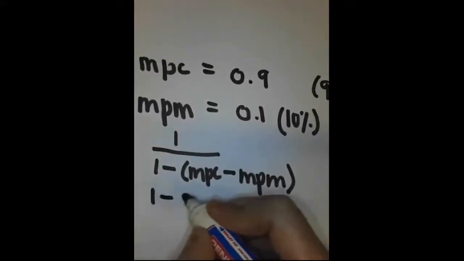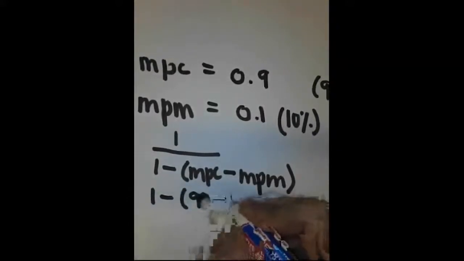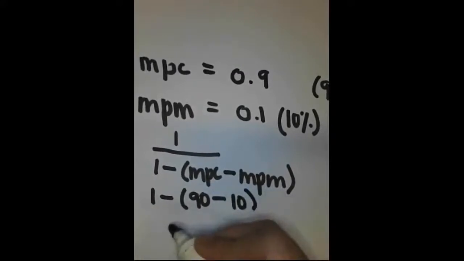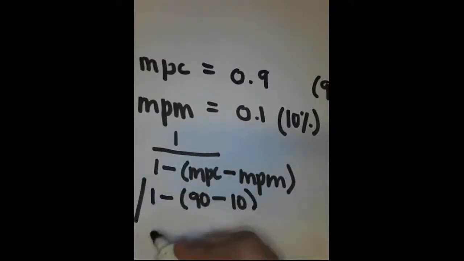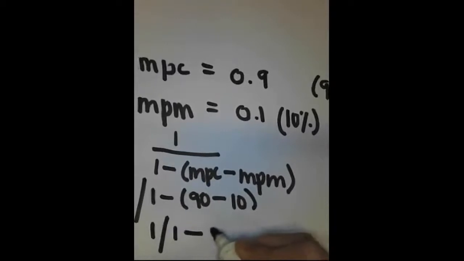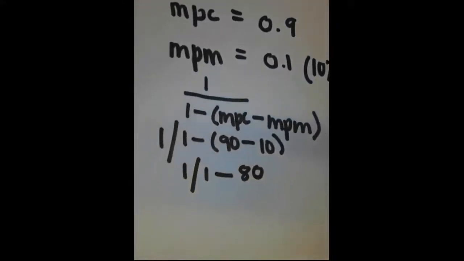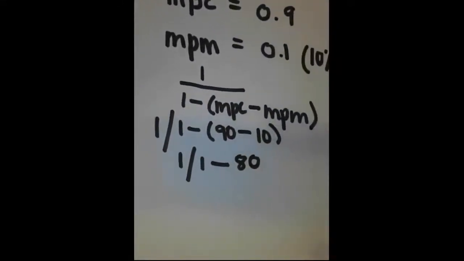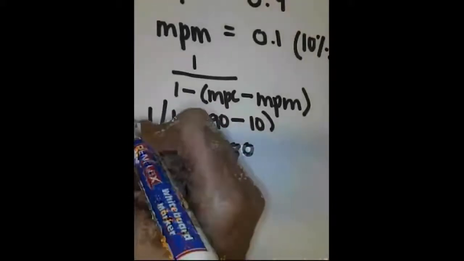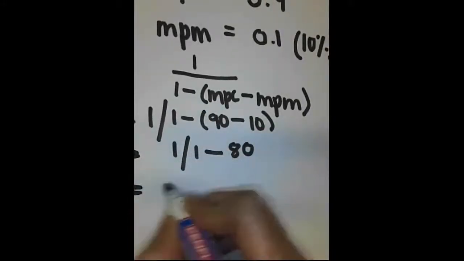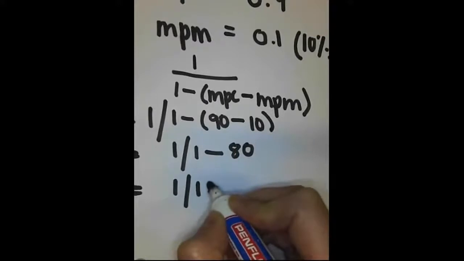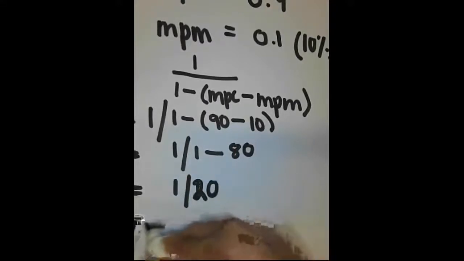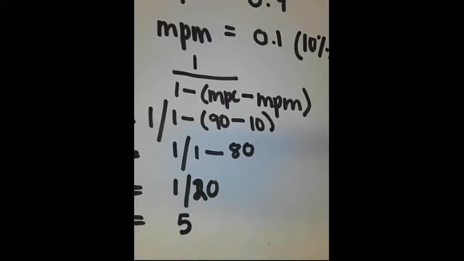It would have been 1 minus 90 minus 10. 1 over 1 minus 80, and that equals 1 over 20, equals 5. So you come up with the same answer.